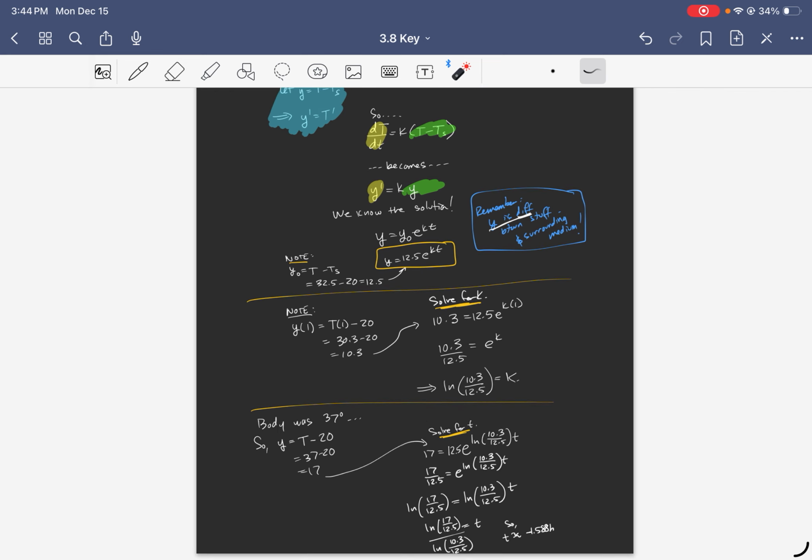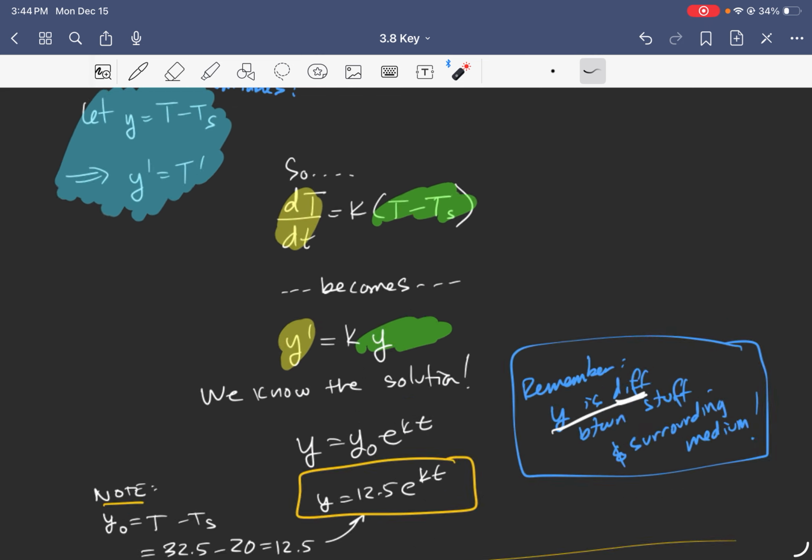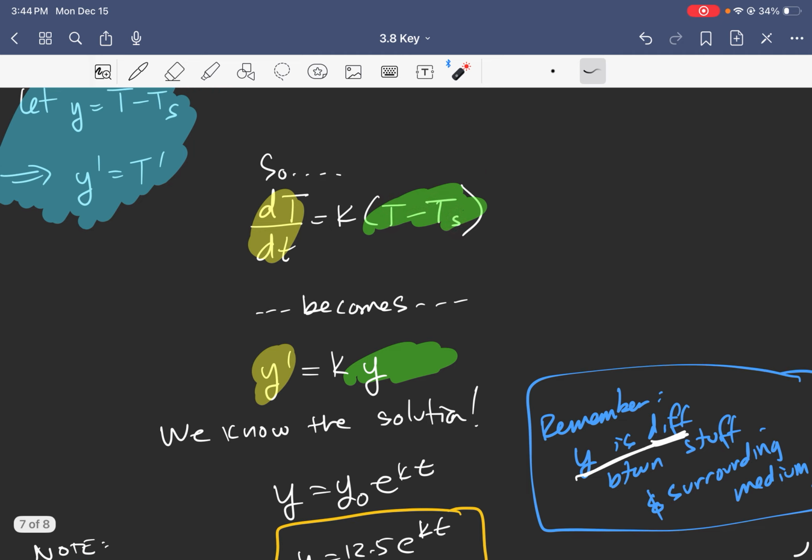Okay. So again, just to recap, the way you use these Newton's law of cooling ideas is that the rate of change of your temperature is the difference between you and the surrounding medium, which we're assuming is constant.